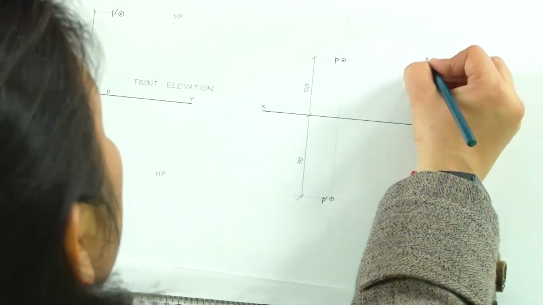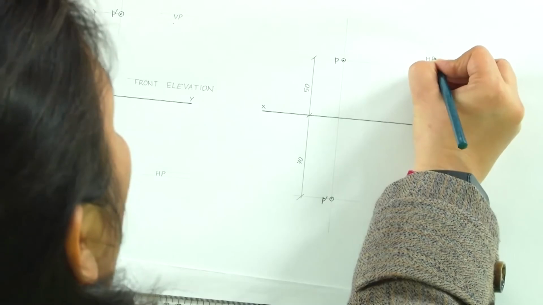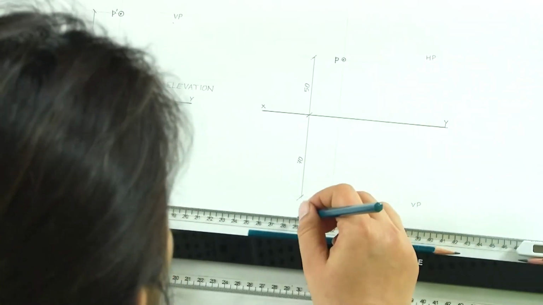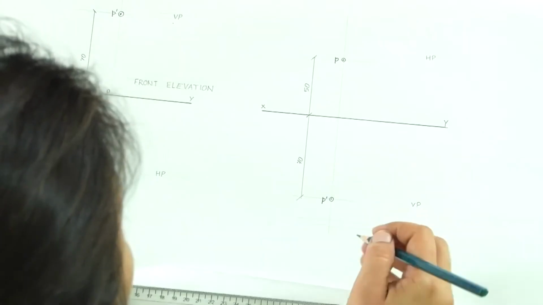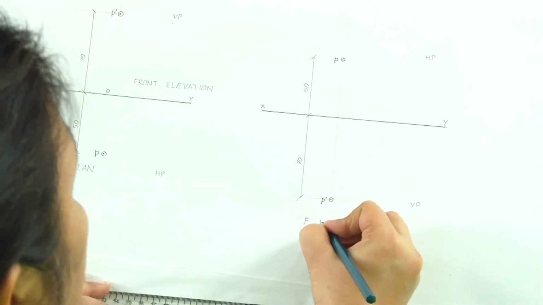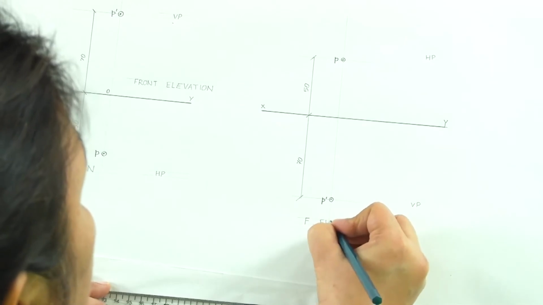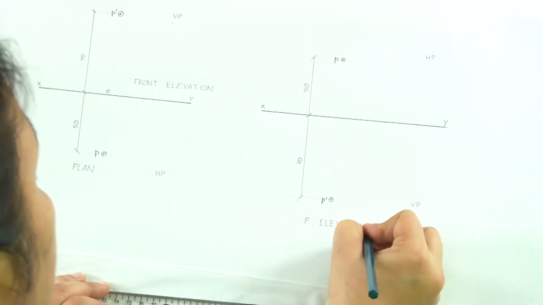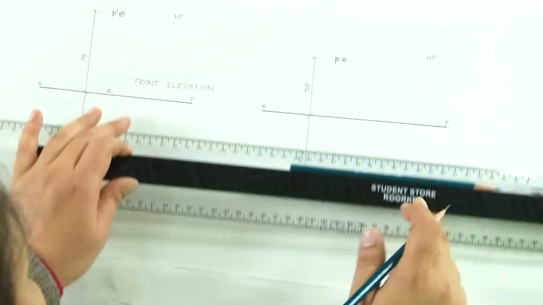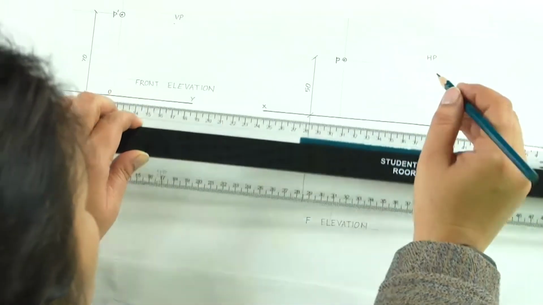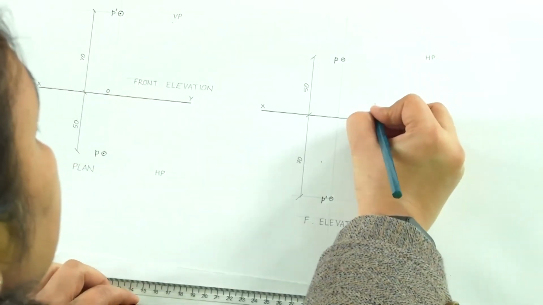So, now here we are seeing HP in the top and VP in the bottom, and this is the front elevation. So, we have the front elevation in the bottom and we have the plan in the top.